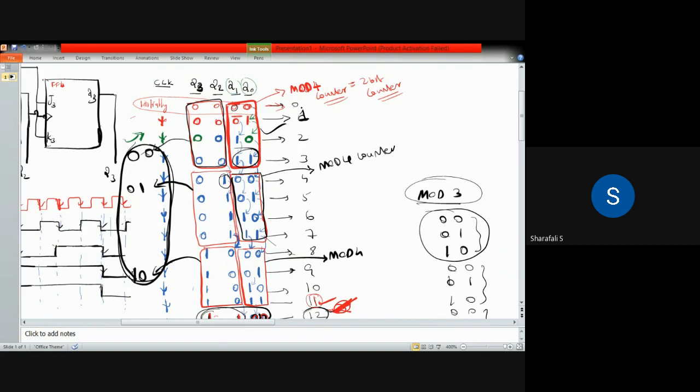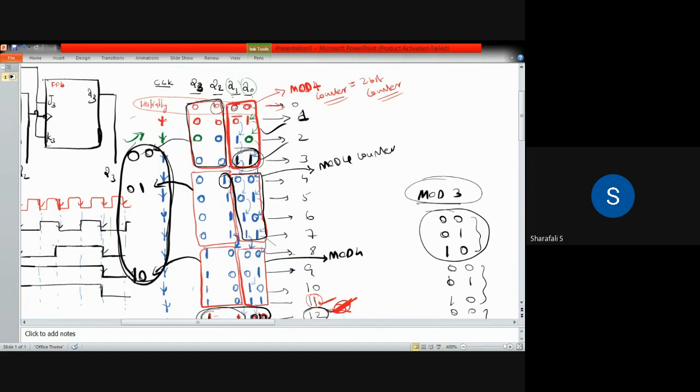When Q1 is 1 and Q0 is also 1, you can see here, once this state has reached, Q0 equal to Q1 equal to 1, in that particular case Q2 is going to become 1. That is making the toggling effect. So that is going to make the toggling of this Q2 value. Q2 value is toggled here. You can see that.